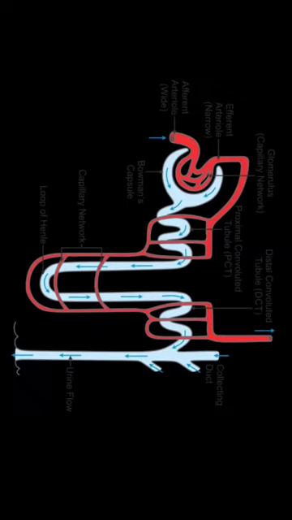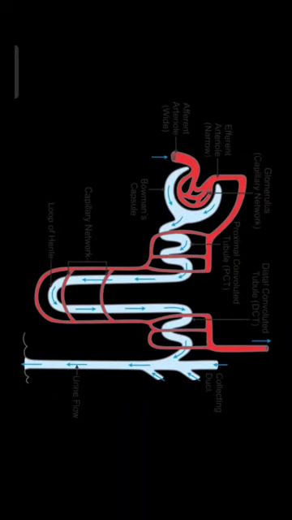Next, Bowman's capsule is connected to a tubular structure called the PCT, proximal convoluted tubule. The PCT is connected to a long hairpin-like structure called the loop of Henle. Henle's loop is connected to the distal convoluted tubule, the DCT, which is connected to a collecting duct.